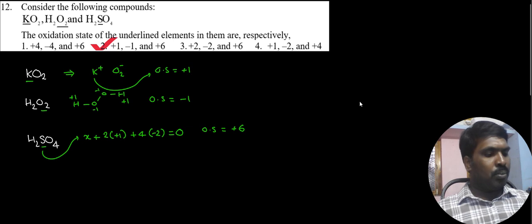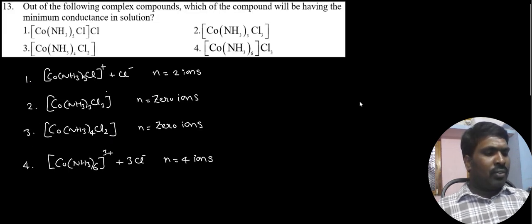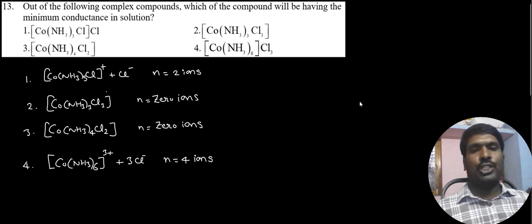Now moving to next question. Out of the following complex compounds, which of the compounds will have the minimum conductance in solution. So in aqueous solution, whichever provides fewer ions will have minimum conductance.